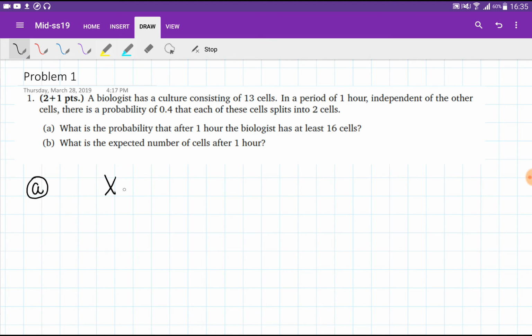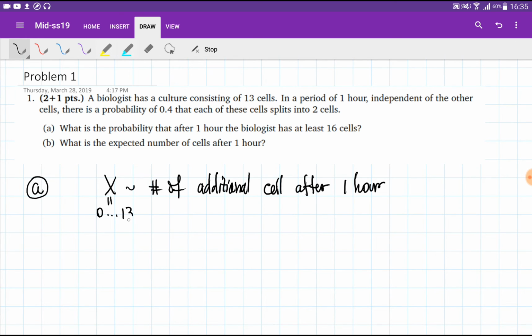Split cells is the number of additional cells after 1 hour. So the initial 13 cells are there. After 1 hour, x may take values from 0 to 13, right?